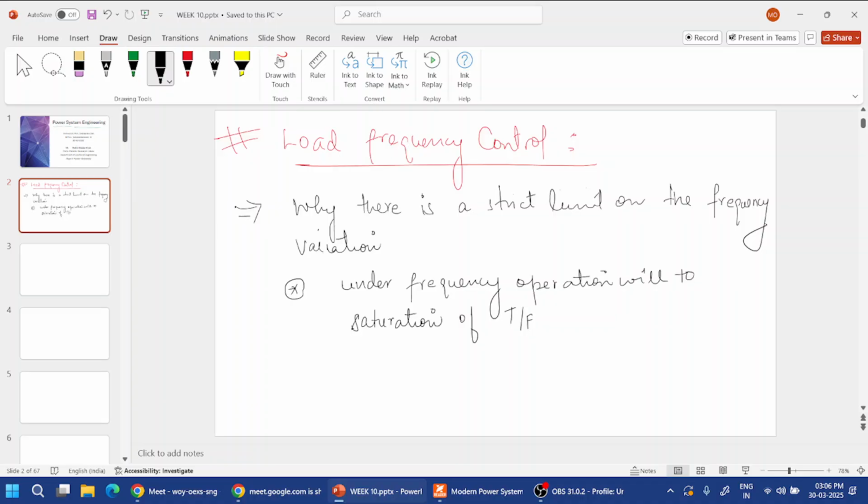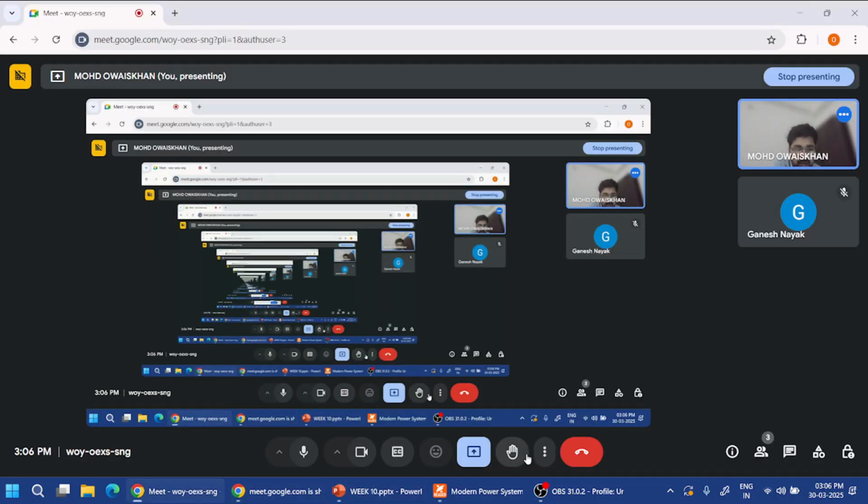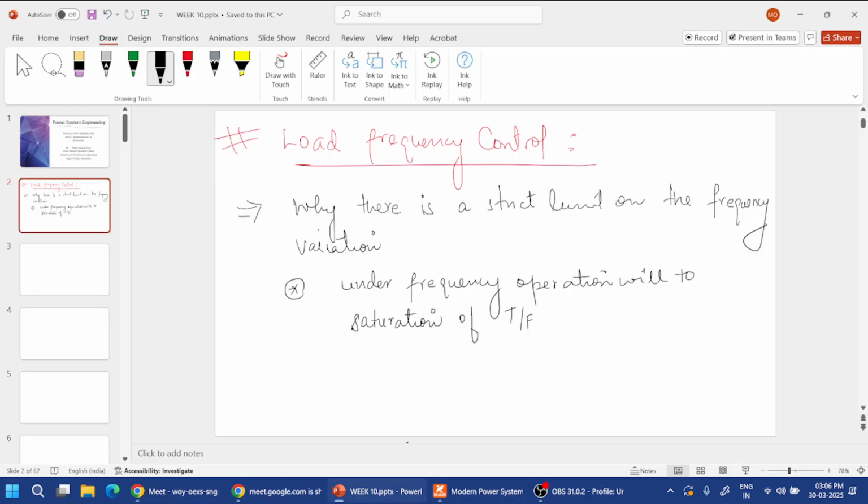Another is that if we operate under frequency, that is, at a frequency lower than the normal frequency, then speed gets affected, and it will lead to damage of the turbines.